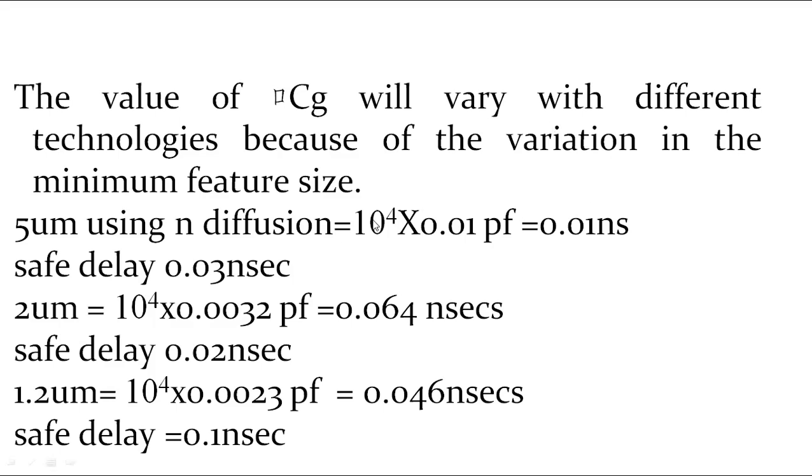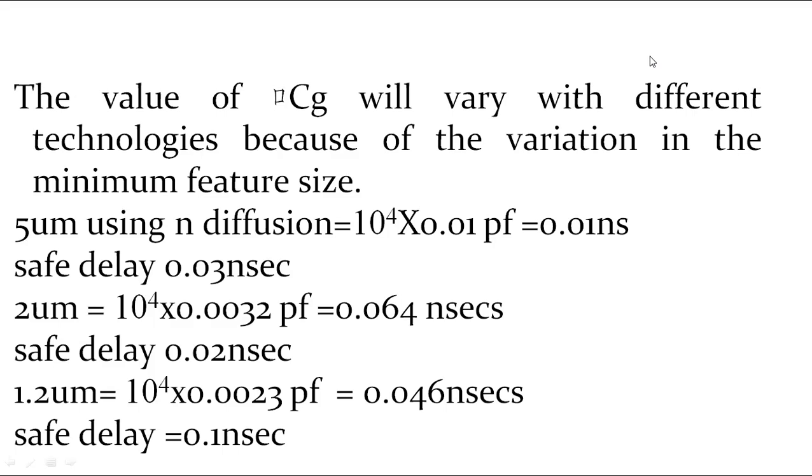For that, Rs is 10 to the power of 4 multiplied by 0.01 picofarad, which is equal to 0.021 nanoseconds. It is the delay. This much delay is required when you take a 5 micrometer technology for an N diffusion.